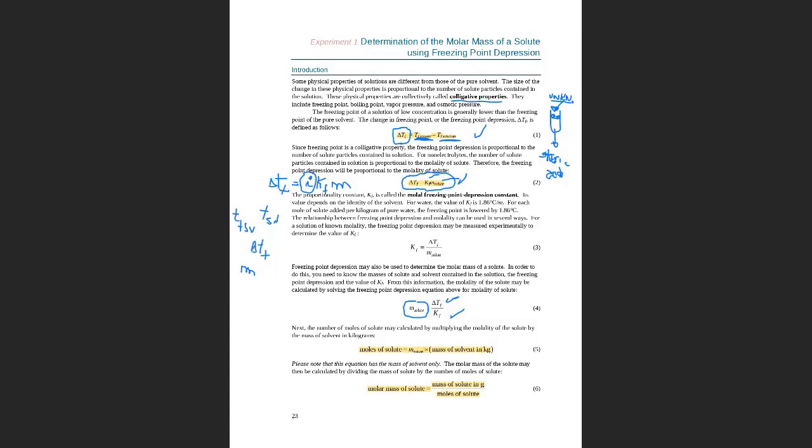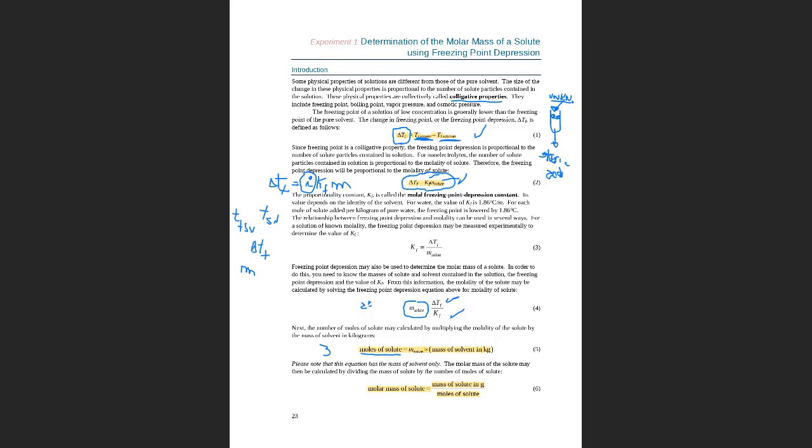This is the second step. Then, once you have the molality, you calculate the moles of the solute, because molality is the number of moles of solute per kilogram of solvent.